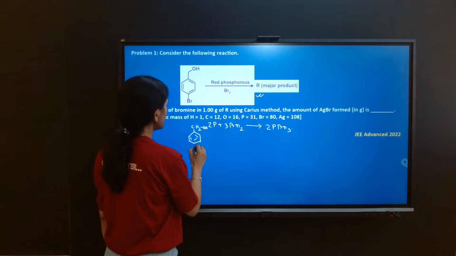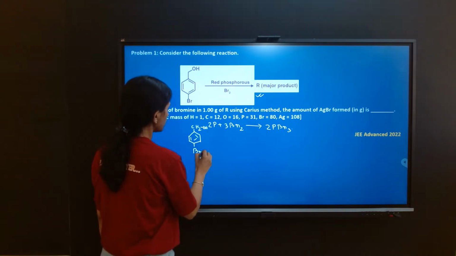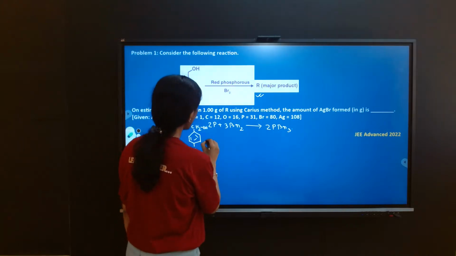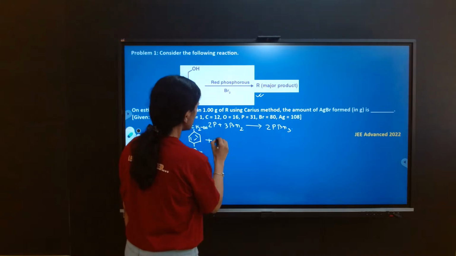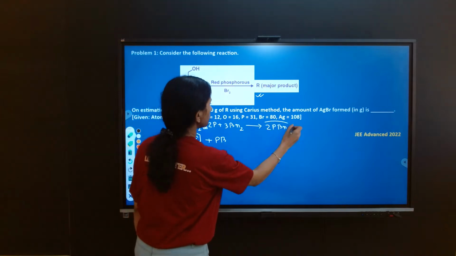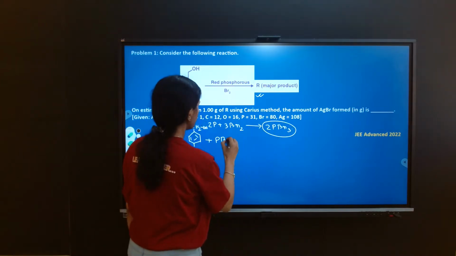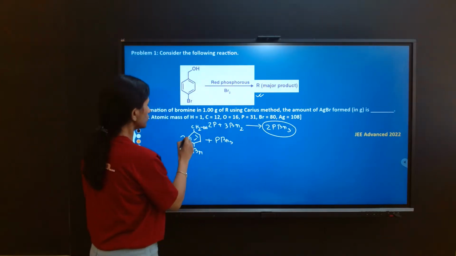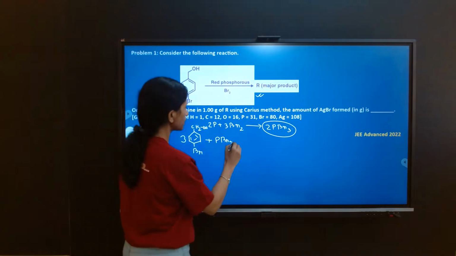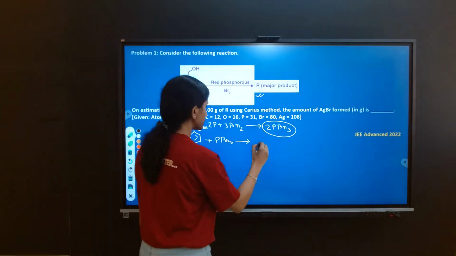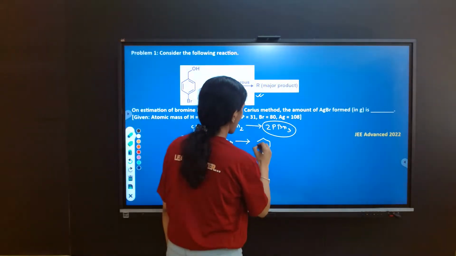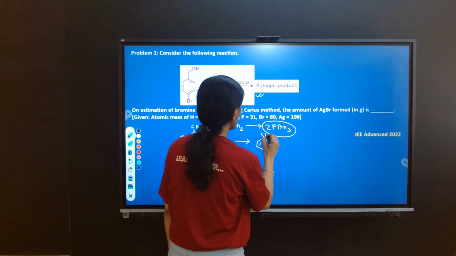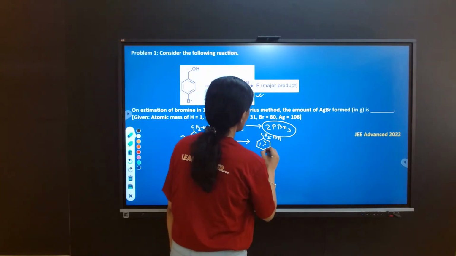This also contains a bromine group. Now, if it reacts with the generated PBr3, 3 moles of this compound will react, and this will give you the R that we have already introduced.